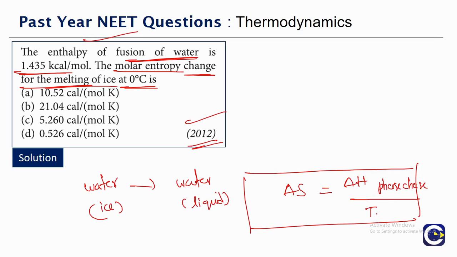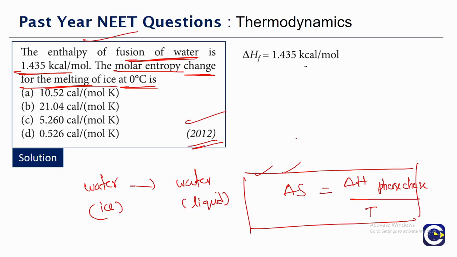Evaporation means the temperature is the boiling point. Sublimation means the temperature where the sublimation is happening. So for any phase change process, entropy change is equal to the enthalpy change for the phase change divided by the corresponding temperature.